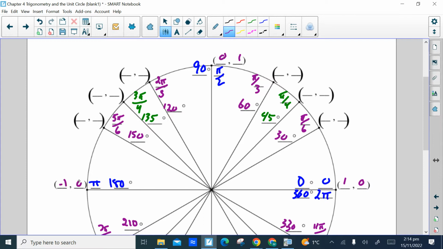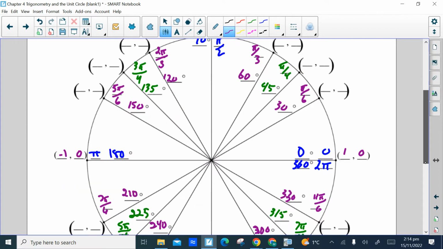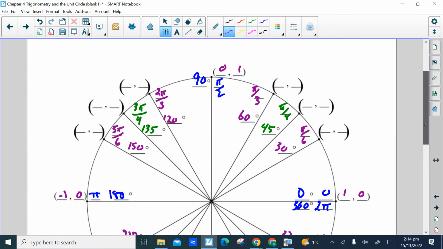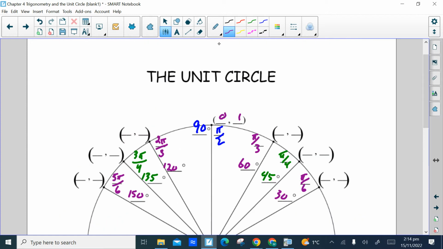At pi, it's negative 1, 0. At 3 pi on 2, it's 0, negative 1. And these points tell us the cosine of that angle and the sine of that angle. And if you have trouble remembering the order, it's alphabetical.